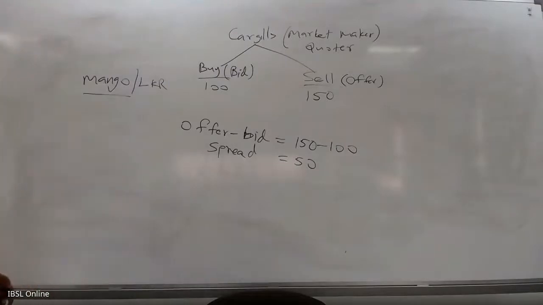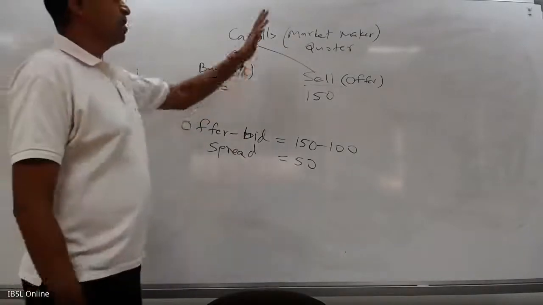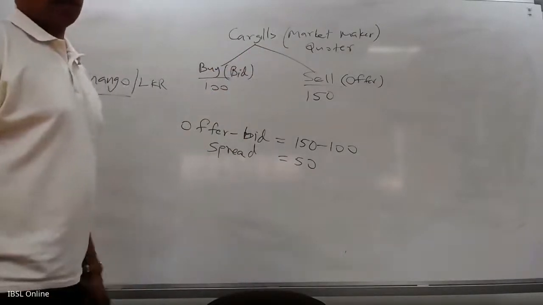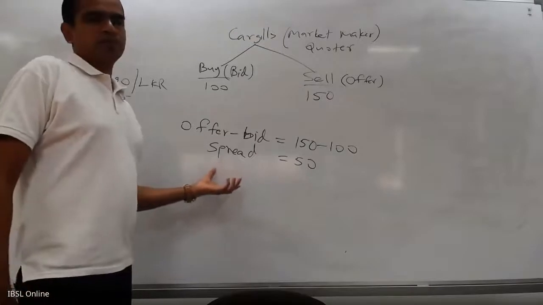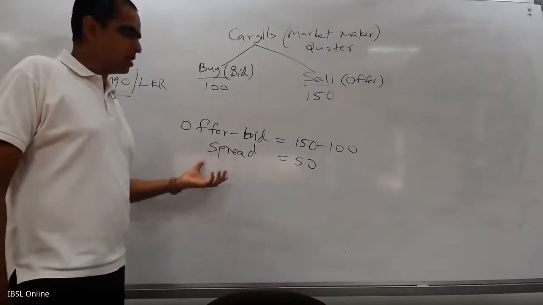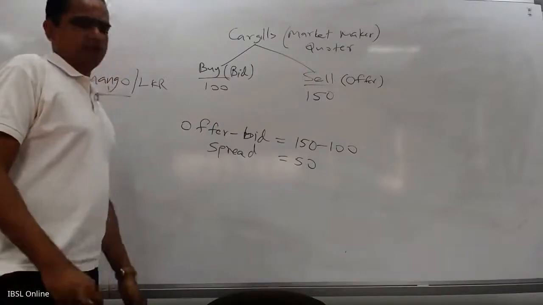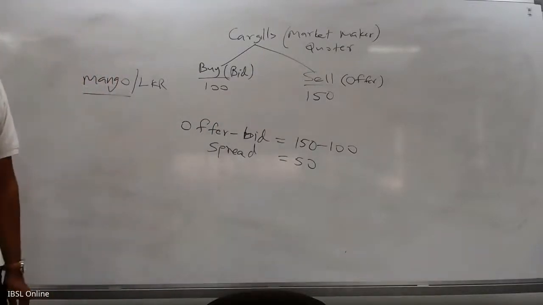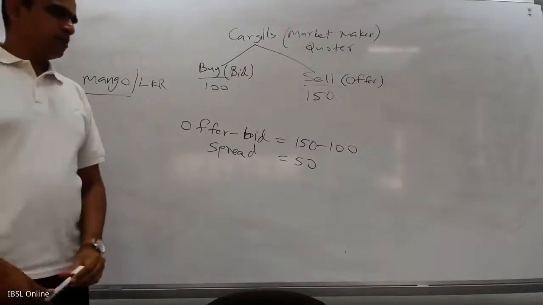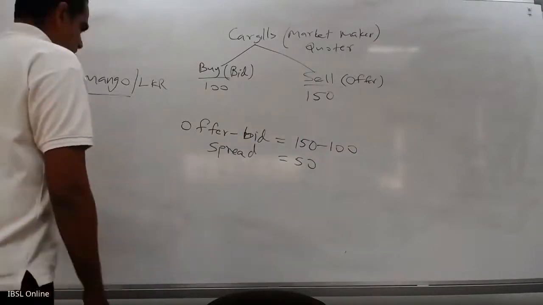Offer minus bid is called the spread. It's 50. That is the profit that the market maker makes. Assuming the market does not move, the profit they will make by buying and selling is called the spread. It's 50 in this case.